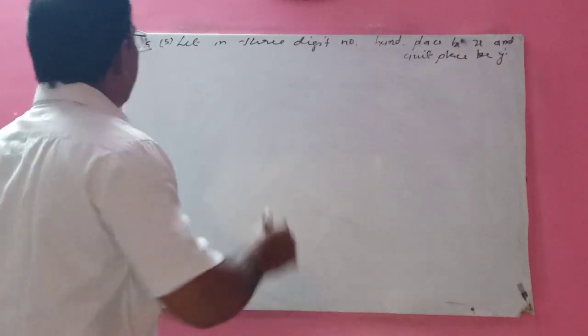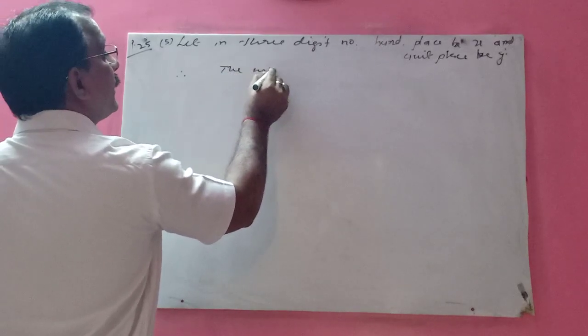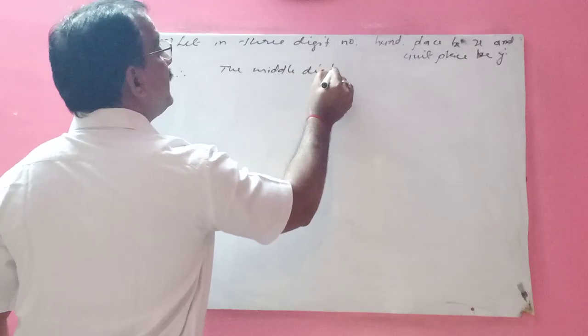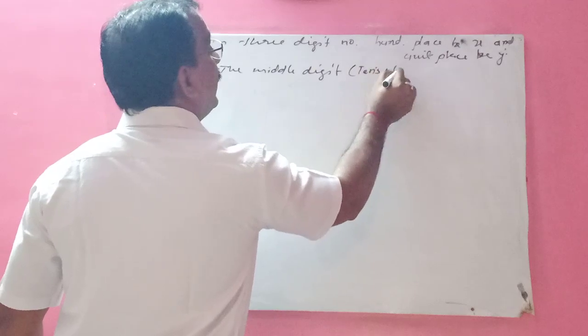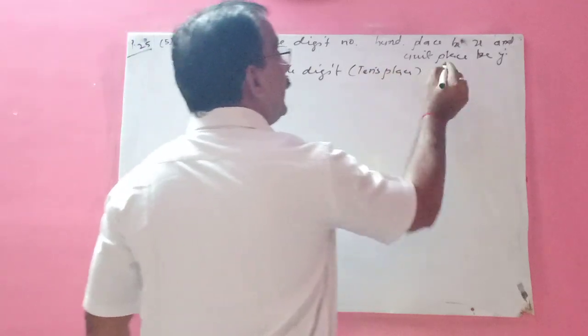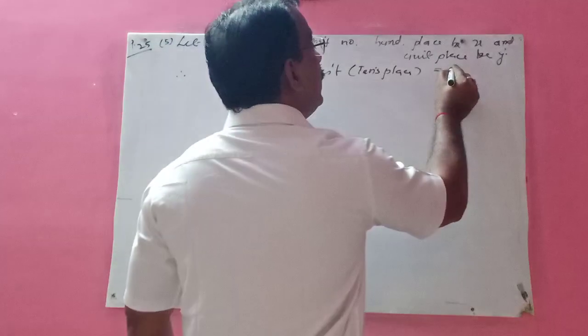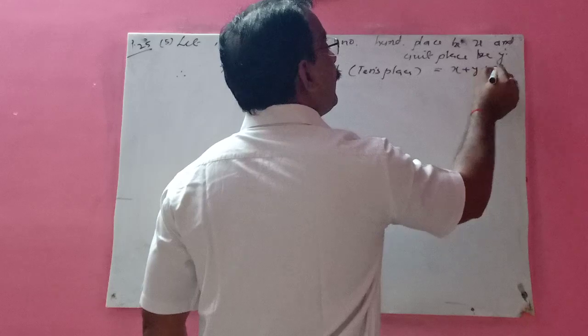So here, therefore, the middle digit means which one? Tens place. Tens place is what? It is 1 more. So here the sum of these two is x plus y, and plus 1.